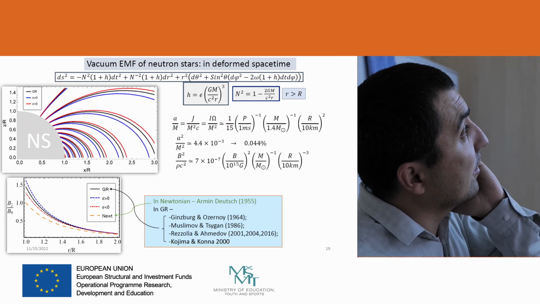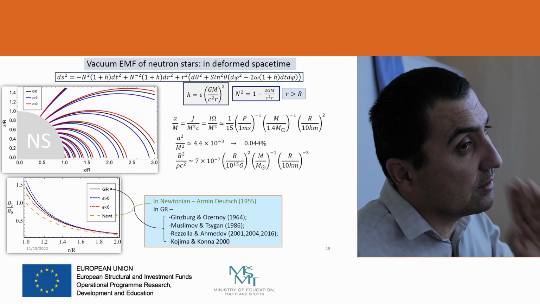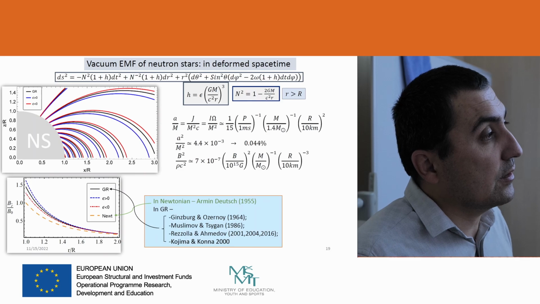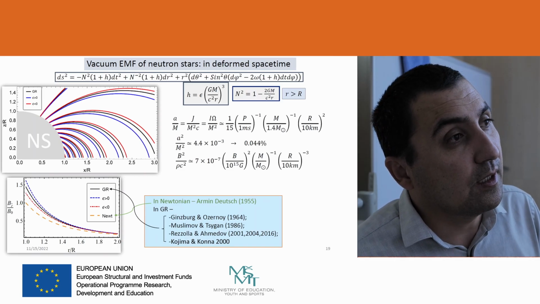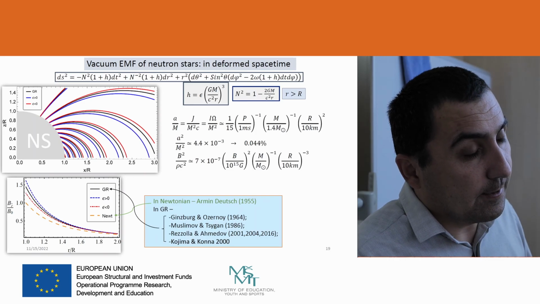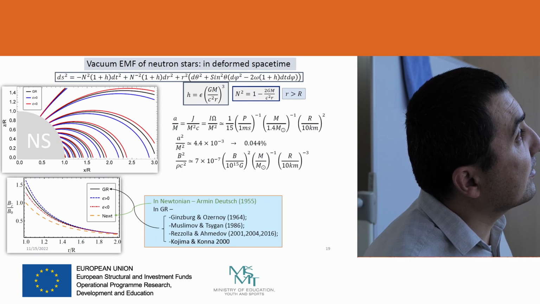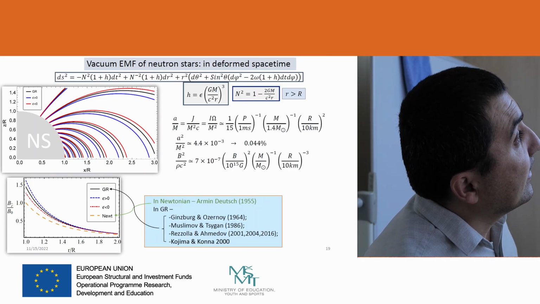Here I show my results, which are obtained in the Johannsen-Psaltis solution. It is not an exact analytical solution of the Einstein field equations or of some field equation in modified gravity, but it is a parameterized solution, which includes some small perturbation to the space-time with a deviation parameter.